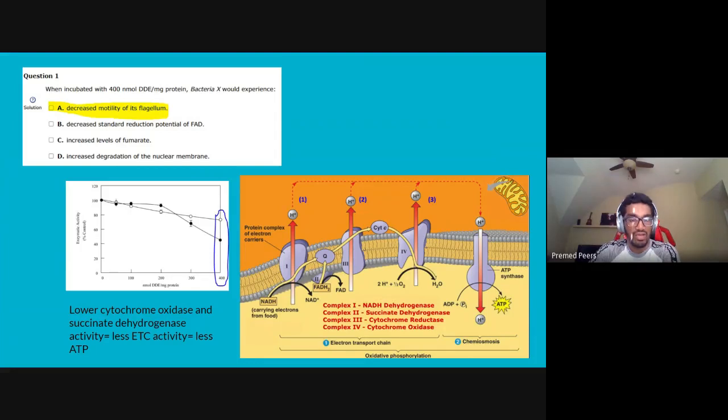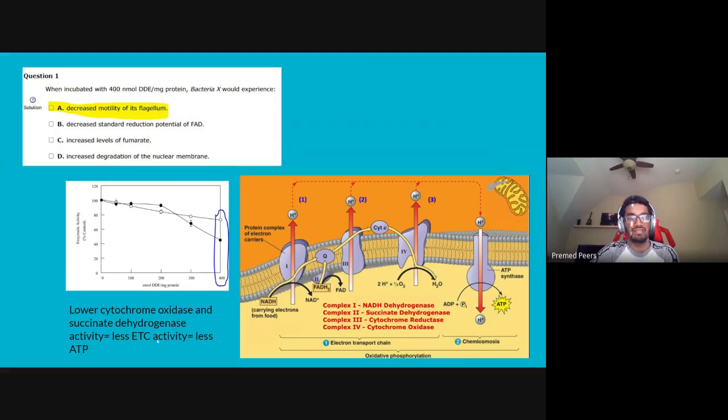So when we look at the relevant graph here, we understand that as the concentration of DDE increases, we see a reduction in the effectiveness of the enzymes. As we can see, the percentage is dropping as the concentration increases. And so we know that this means that we have lower activity for both the cytochrome oxidase and the succinate dehydrogenase, and that means less ETC activity.